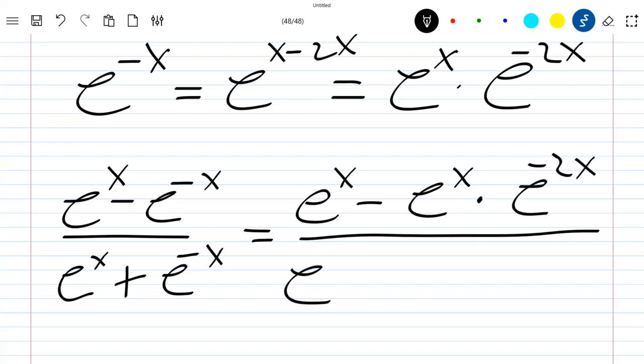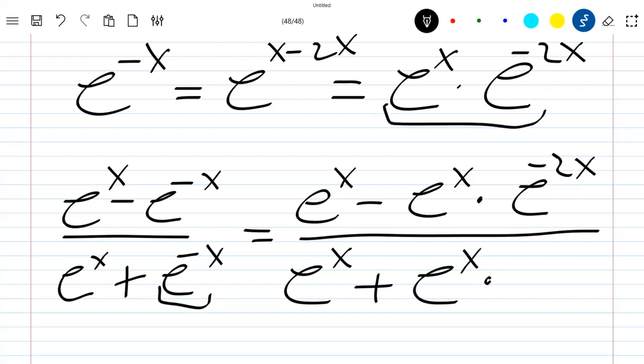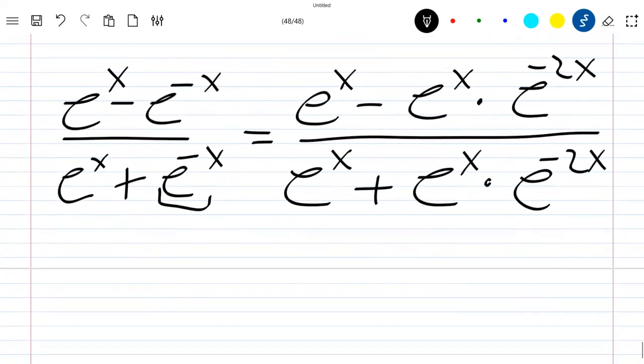Okay, and here we have divided by exponential x plus this exponential minus x, which is equal to this one, which is exponential x times exponential minus 2x here.